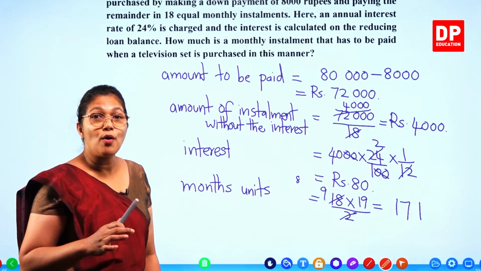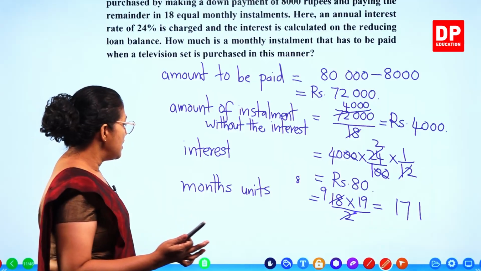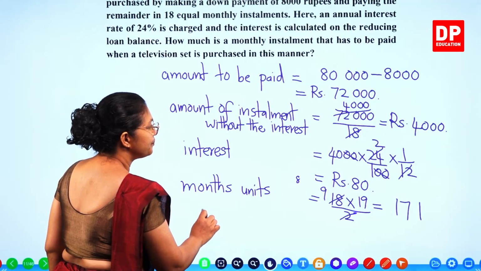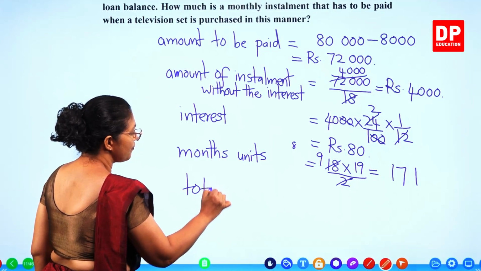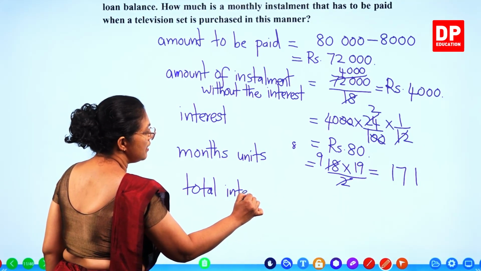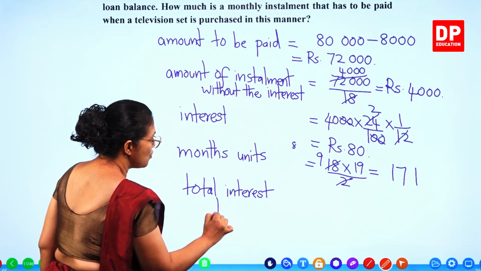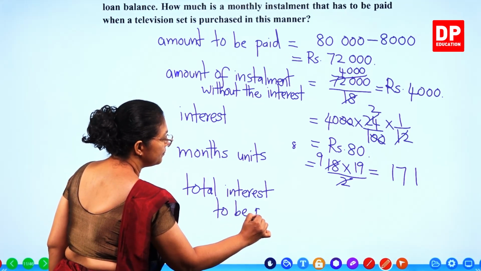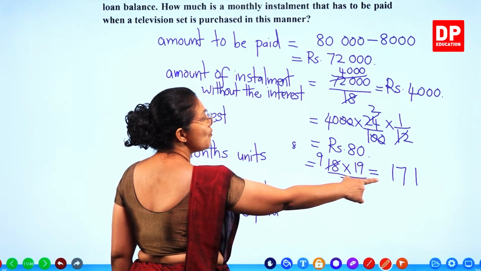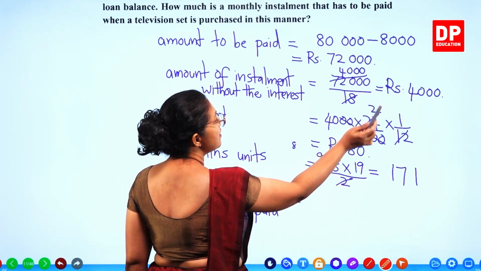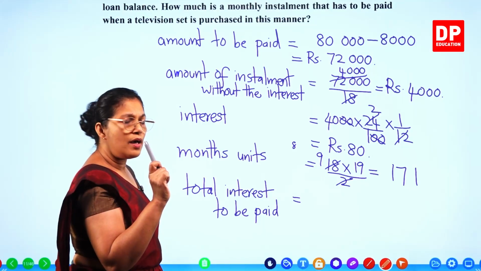Now we can find out the total interest to be paid. What's the total interest to be paid? Total interest to be paid, that's 171 month's units and 80 rupees per month.